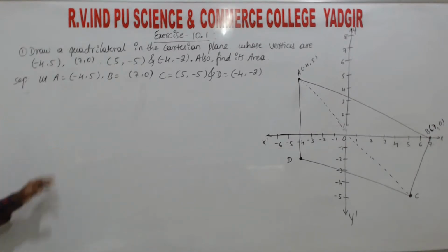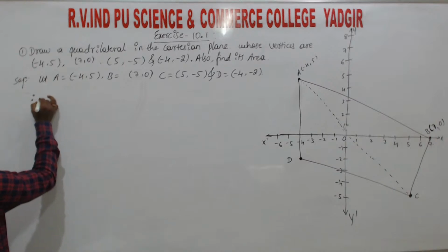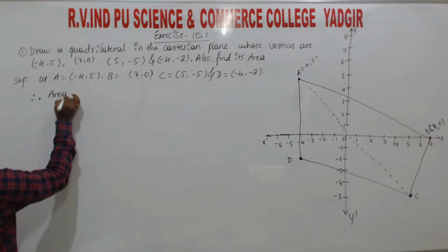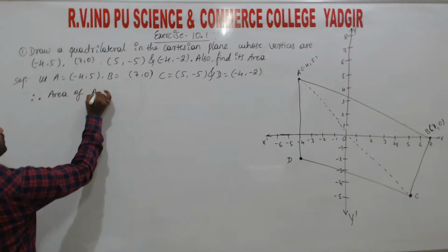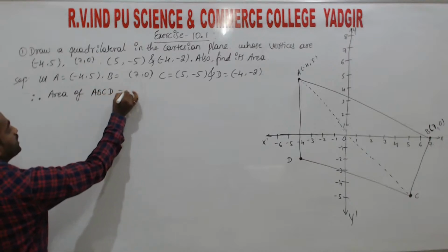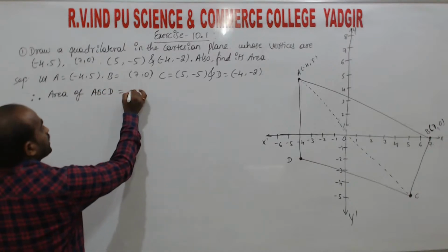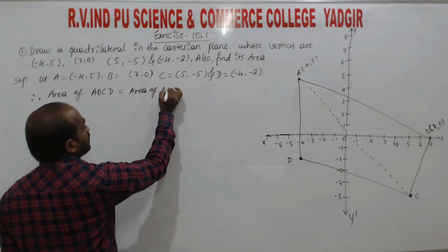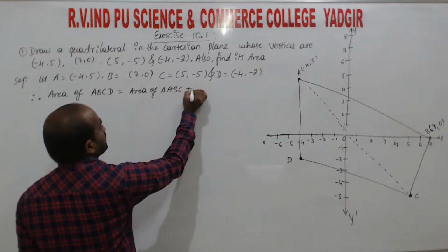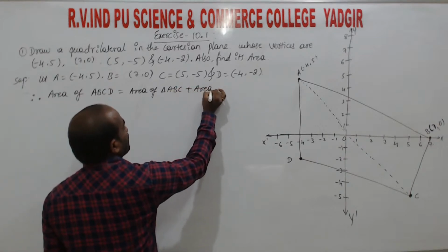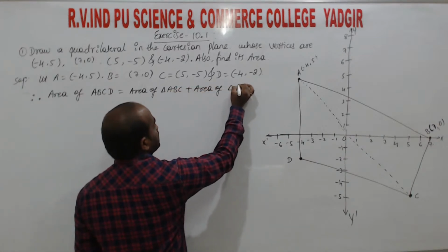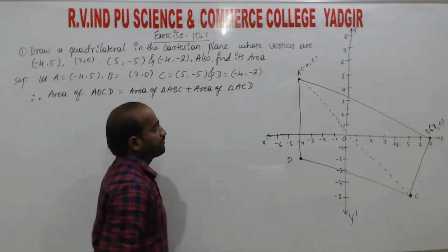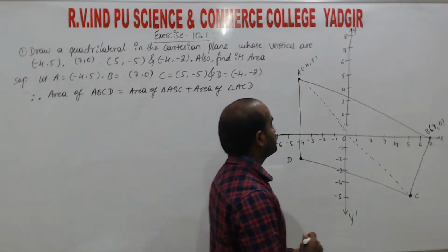Now we have to find area ABCD equal to area of triangle ABC plus area of triangle ACD. You know the formula.